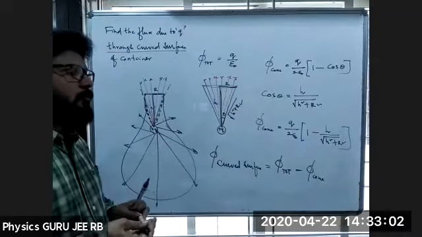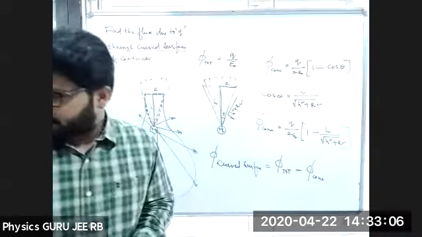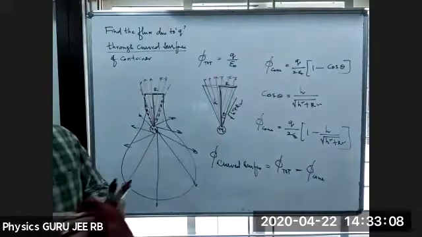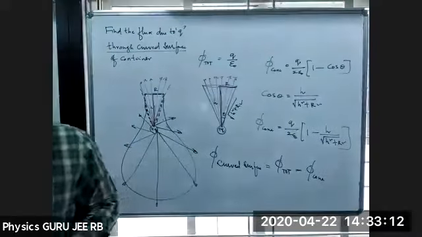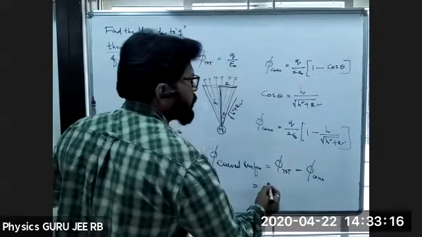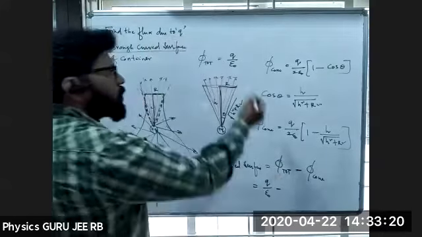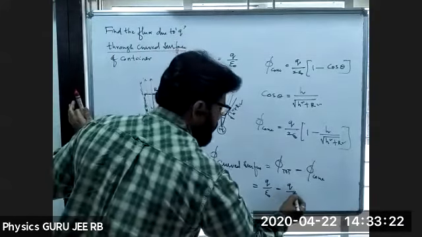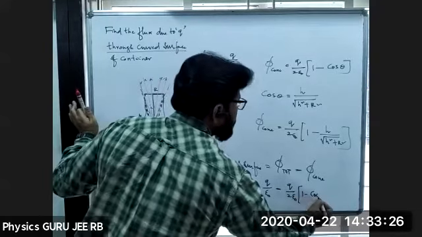So now we have to make it as total. Simply you can leave it at that point, no problem. See here, total flux phi is equal to total, q by epsilon naught, minus, for the cone, q by 2 epsilon naught into 1 minus cos theta.